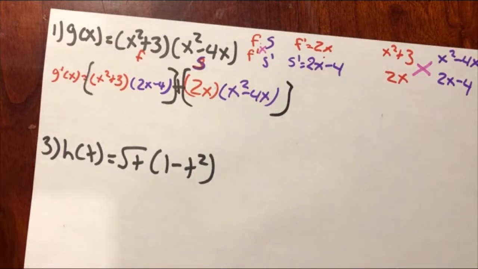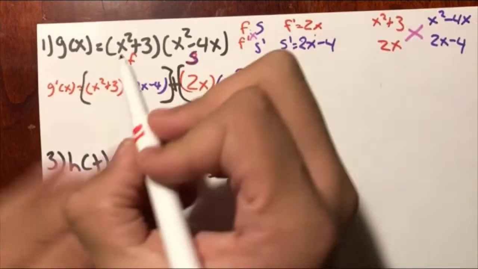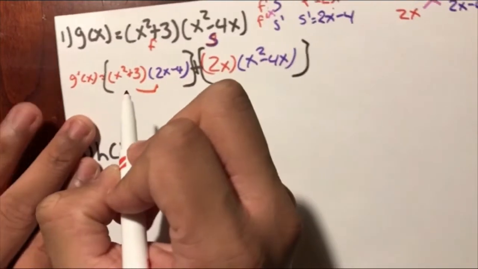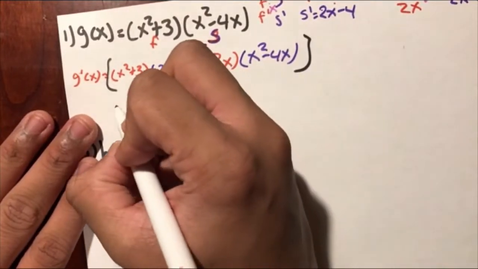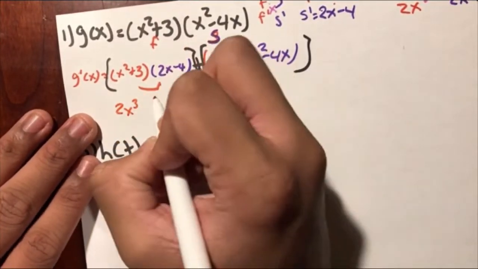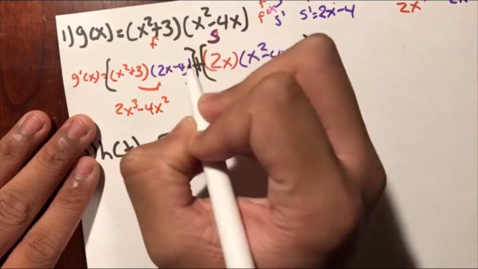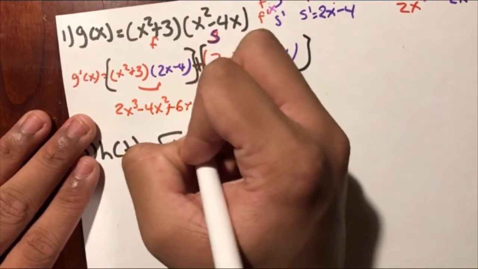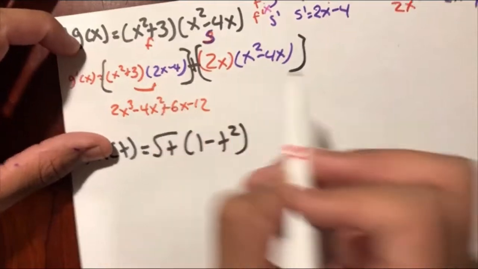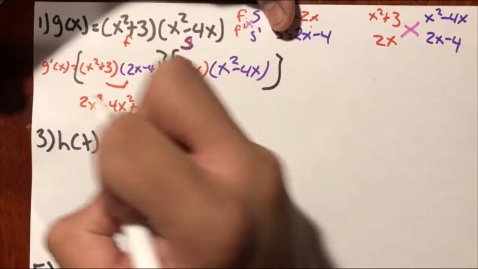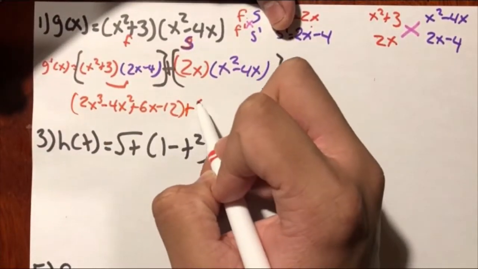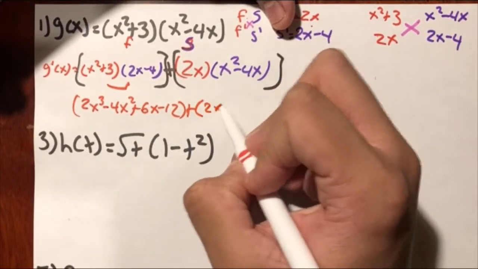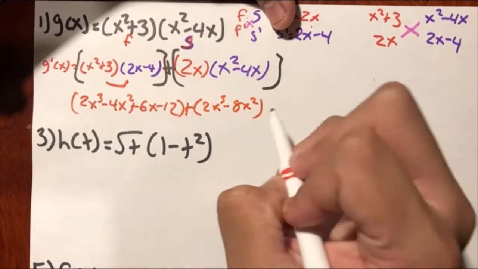So, I'm not going to go through all of it, or, yeah, sure I will. Okay, I guess I will. So, I multiply that together, I would get 2x cubed minus 4x squared plus 6x minus 12. That's what I get from here. And then I would add that to 2x cubed minus 8x squared.